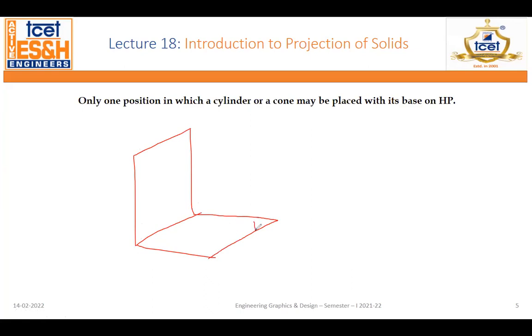On this horizontal plane, you have to place your cylinder or cone in such a way that its base lies on HP. The cylinder you keep in this way, only then will it be placed so. Similarly, for the cone you have to keep it this way.